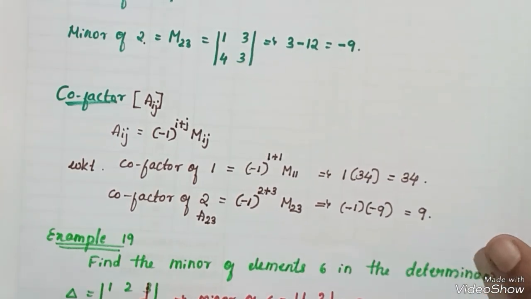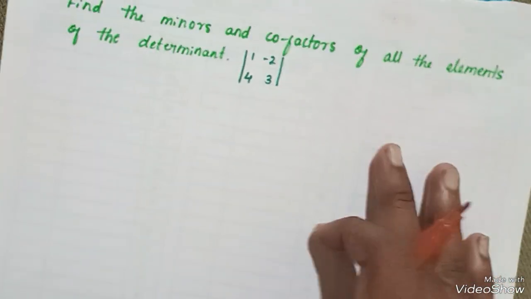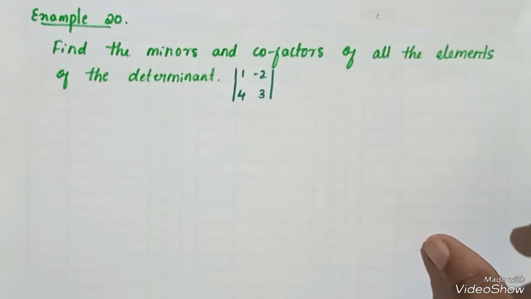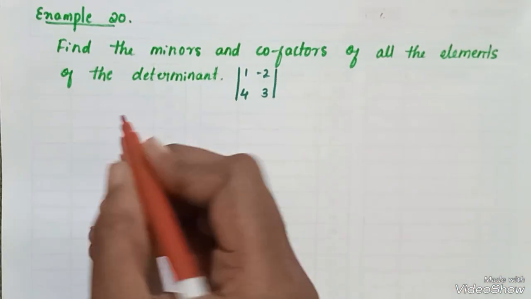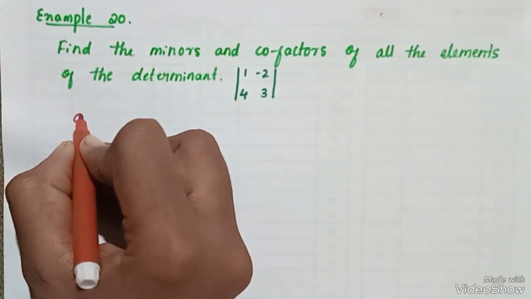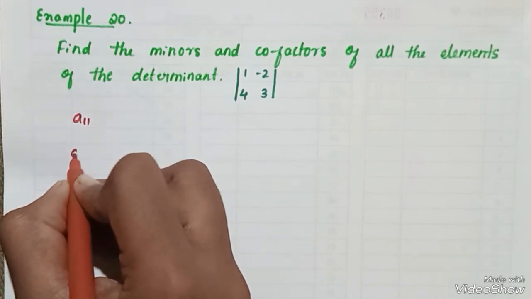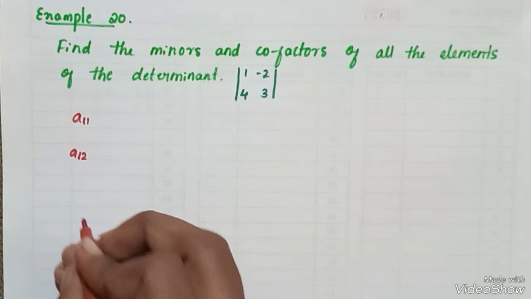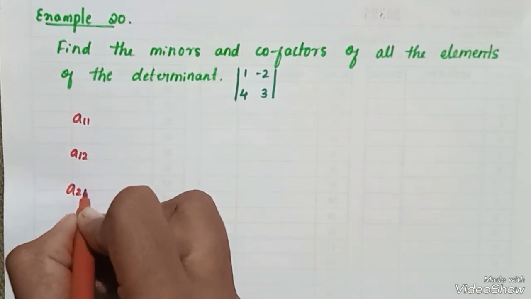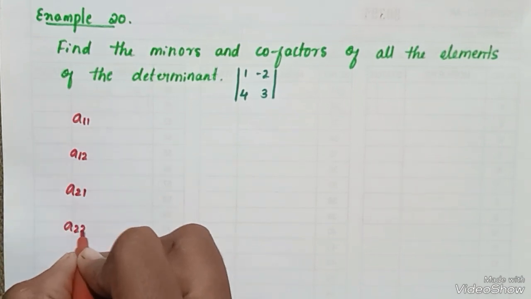Then there is another example, example 20. Find the minors and cofactors of each element of the determinant. The first element is a11, the second element, first row, second column, is a12, then a21, then a22.